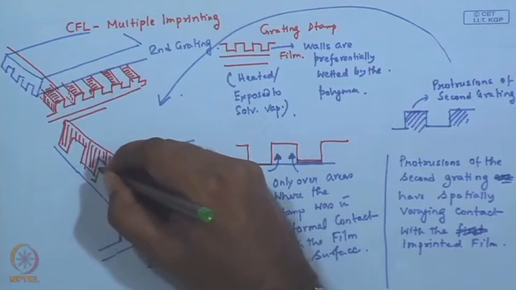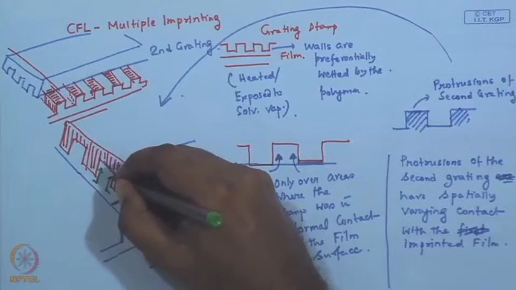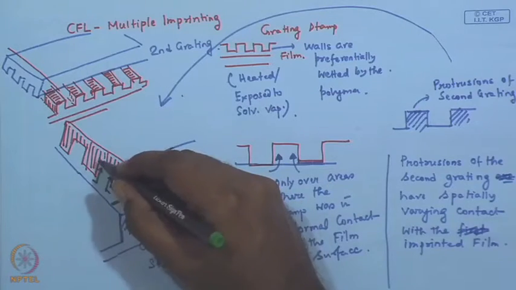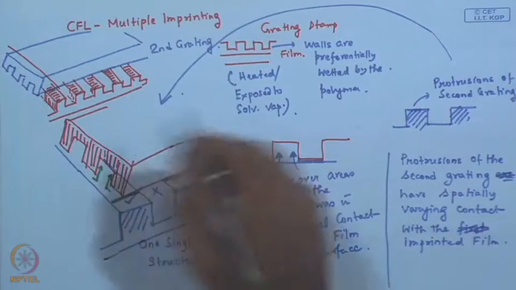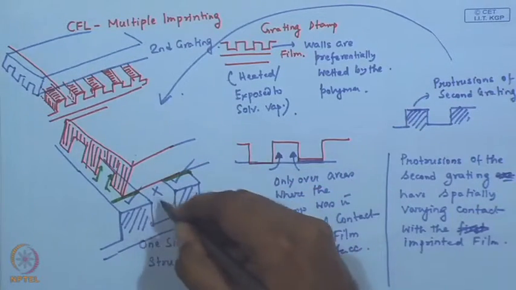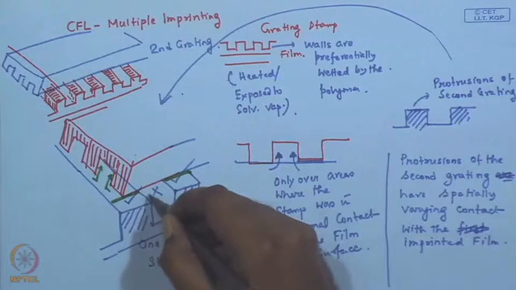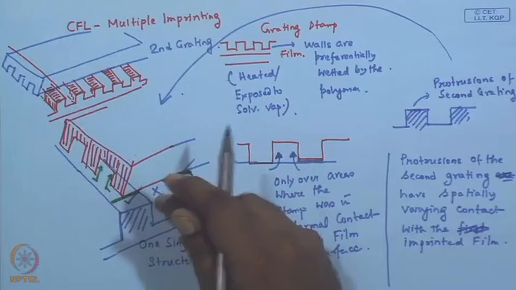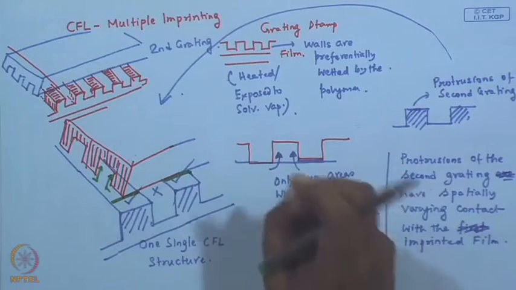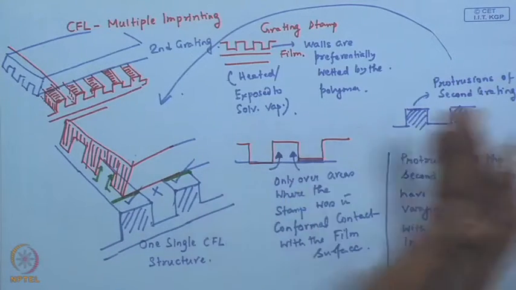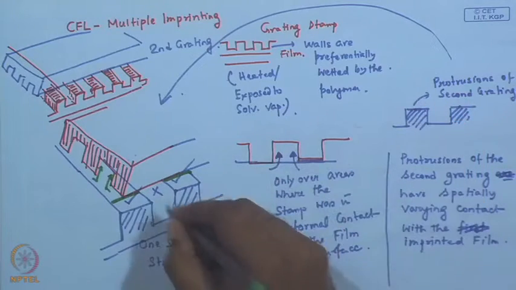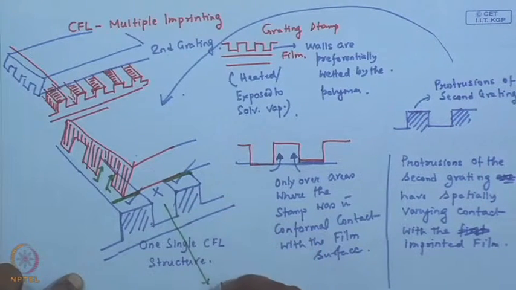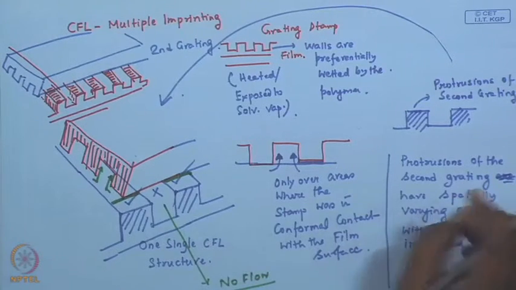So, over these areas again there will be a capillary driven flow, which will do the second mold filling, but below this zone, since the protrusions or the higher zones or the hills on the patterned film are not in contact with the protrusions of the second grating, there will be no flow. I hope it is clear to you.